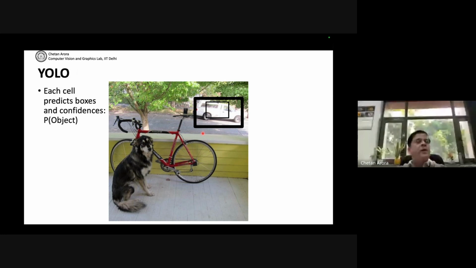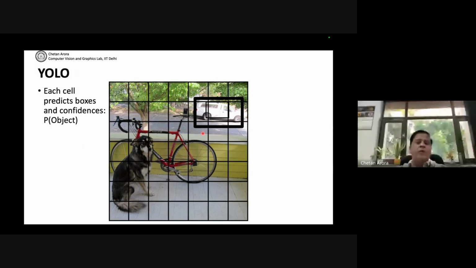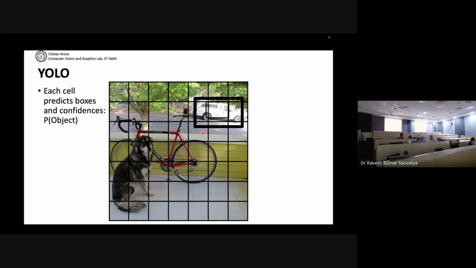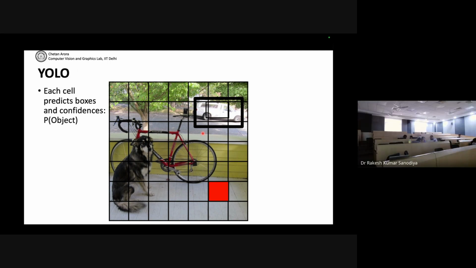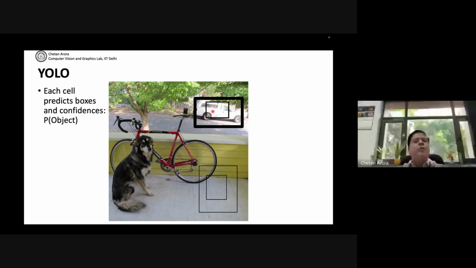Now, whichever cell contains an object, I'm going to predict the box coordinates. So if I do have an object, I will make it thicker. I will increase the confidence of it.